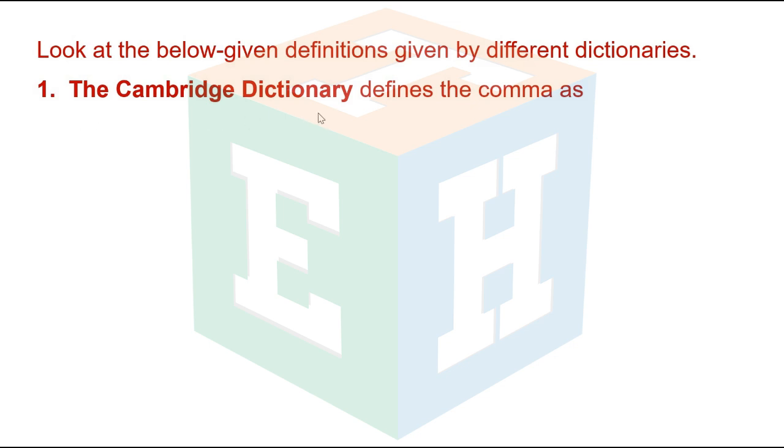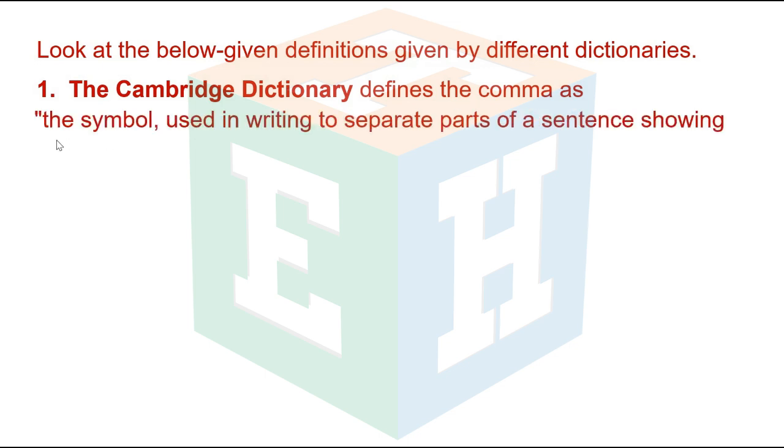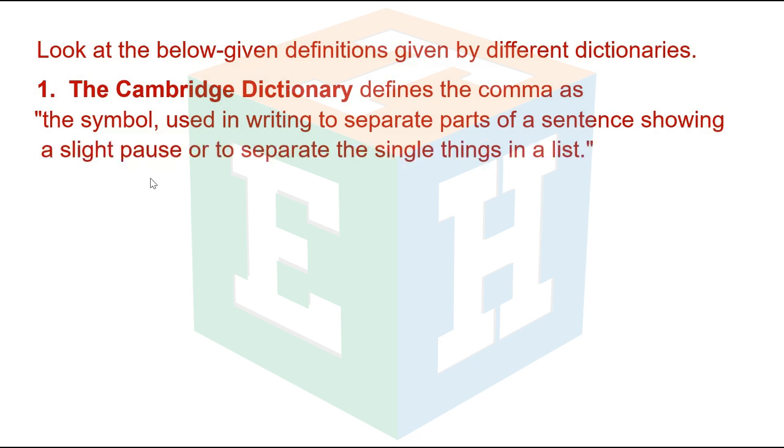Number one, the Cambridge Dictionary defines the comma as the symbol used in writing to separate parts of a sentence, showing a slight pause, or to separate the single things in a list.